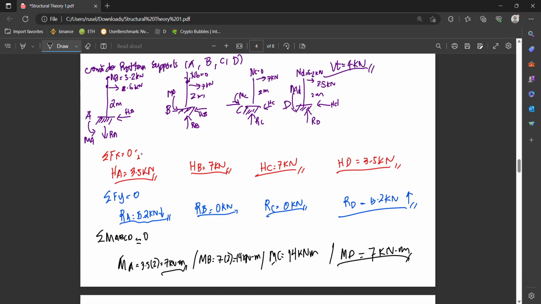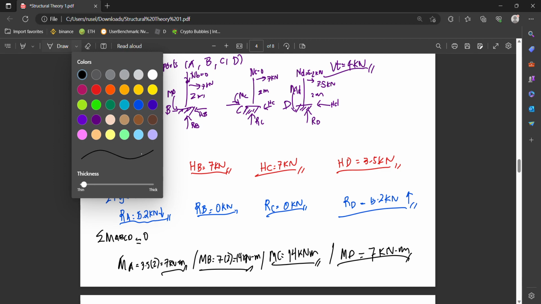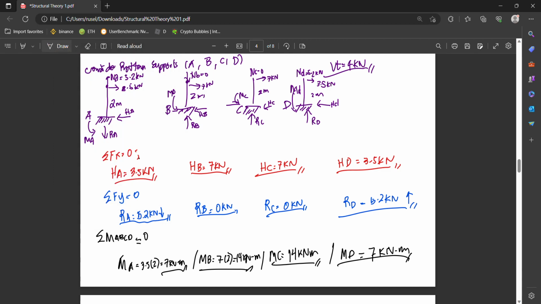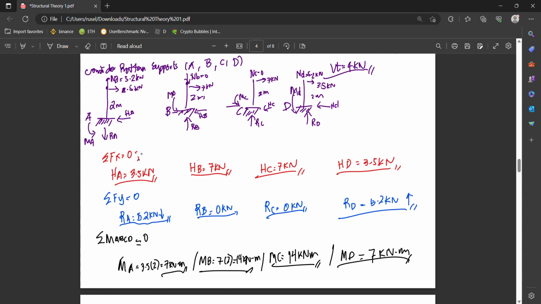Ayan, so, counterclockwise yung rotation nila. So, let's add their rotations. Counterclockwise. Okay. Counterclockwise. This one also. Counterclockwise, counterclockwise, and counterclockwise.